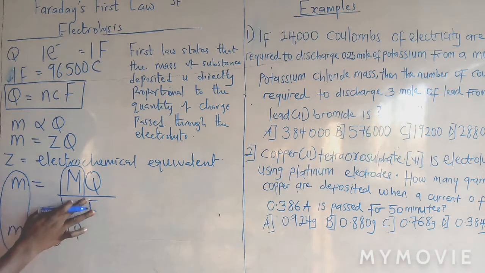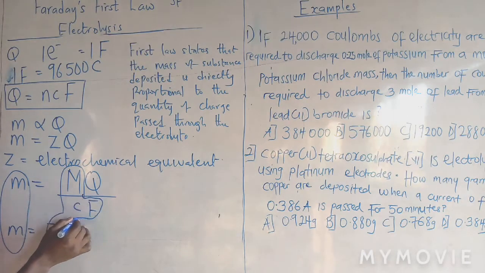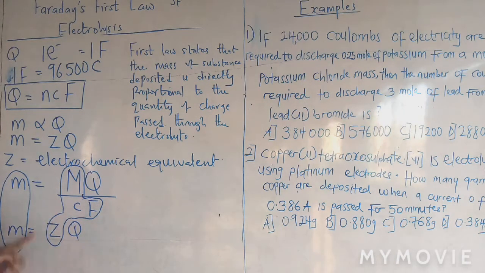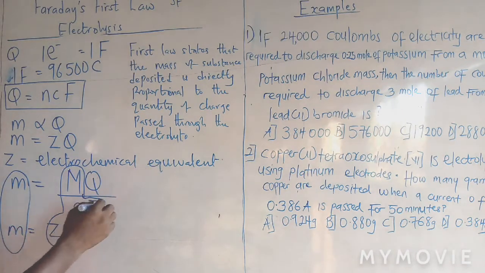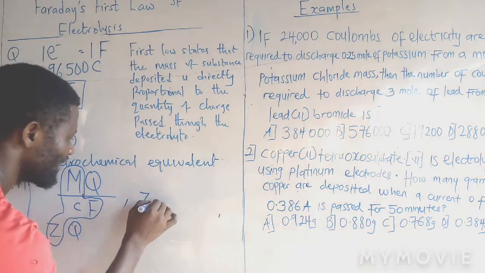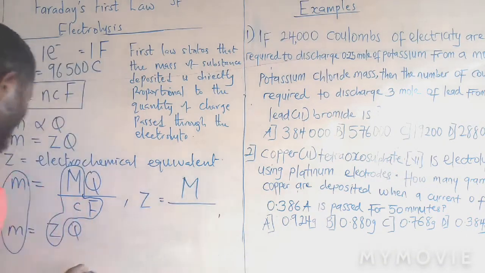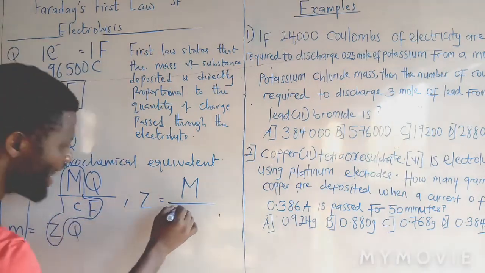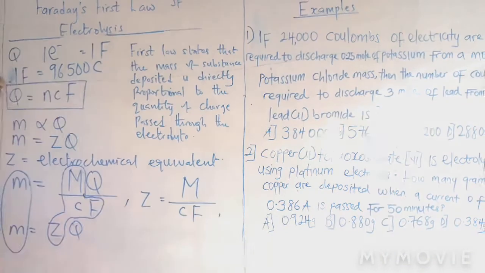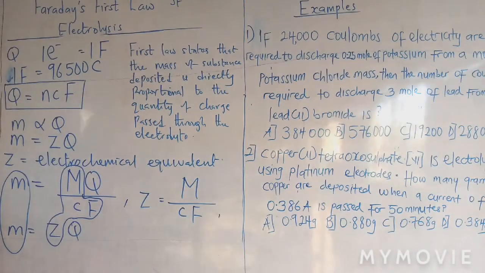So the electrochemical equivalent, which is Z, is equal to molar mass over CF.